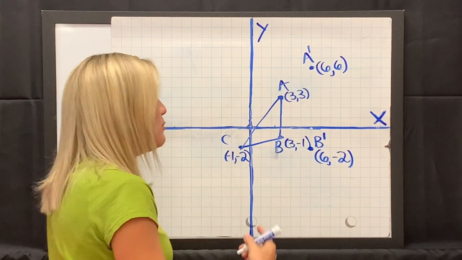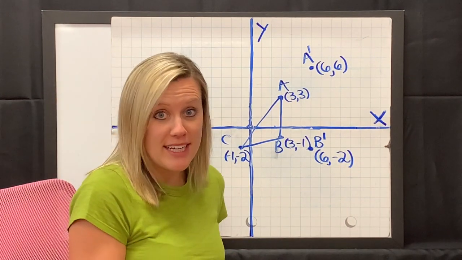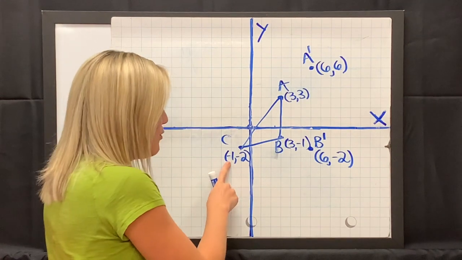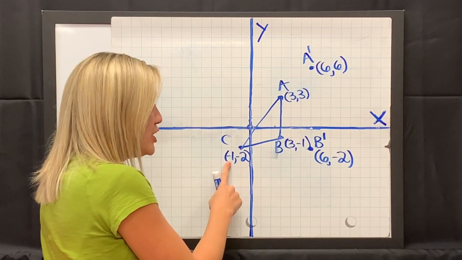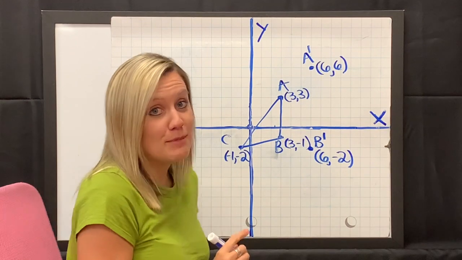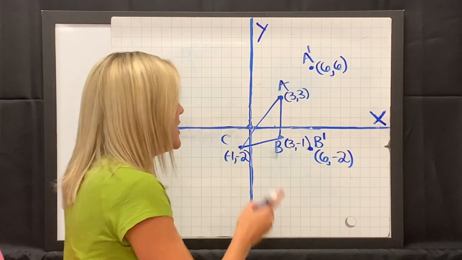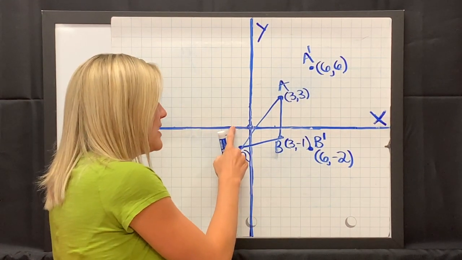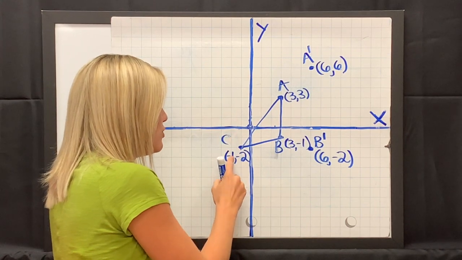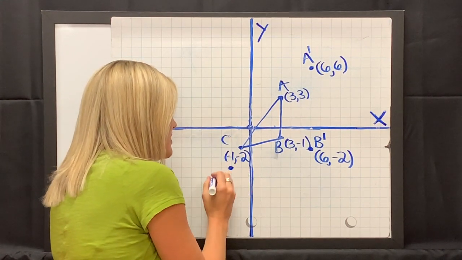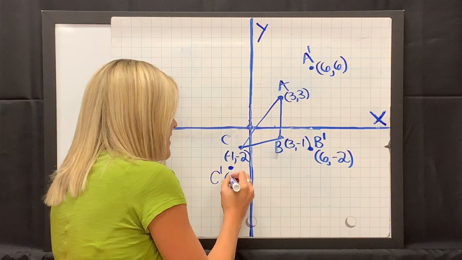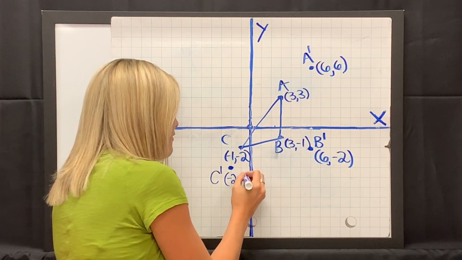My new C was originally -1, -2. So -1 times 2 is -2, and -2 times 2 is -4. So I'm going to go over 2 and down 1, 2, 3, 4. My new C is right there, -2, -4.